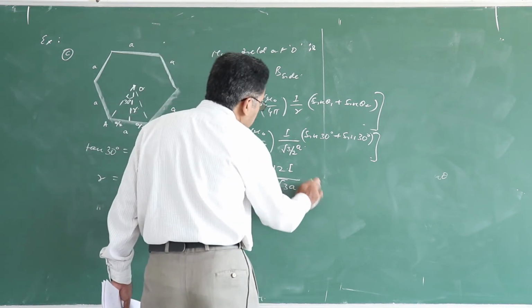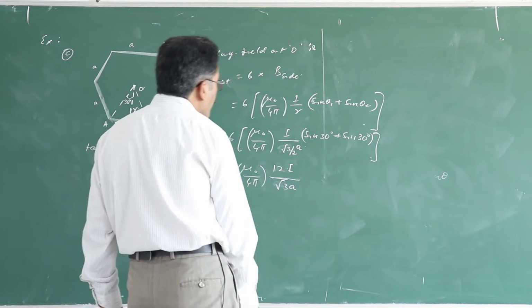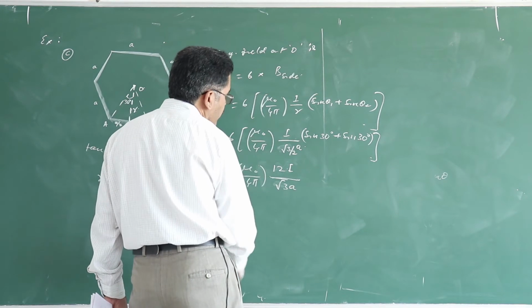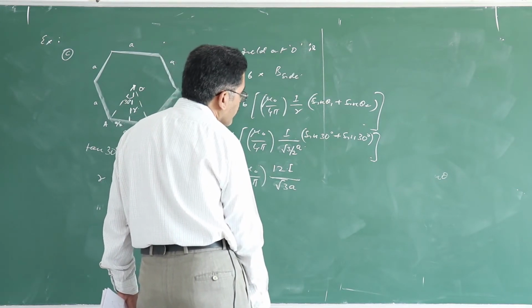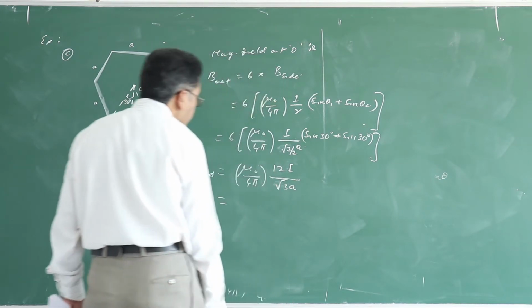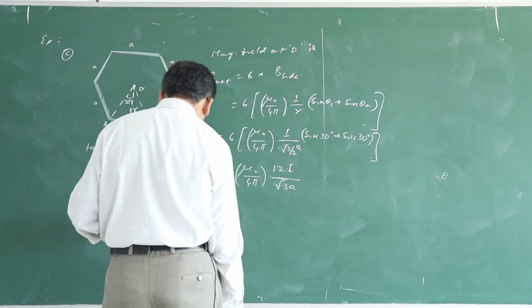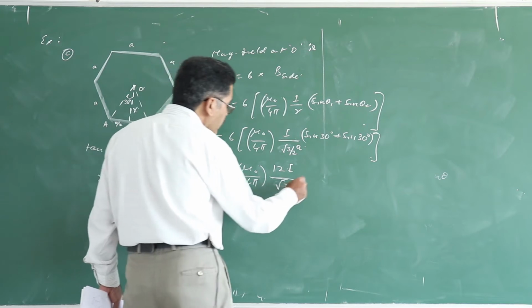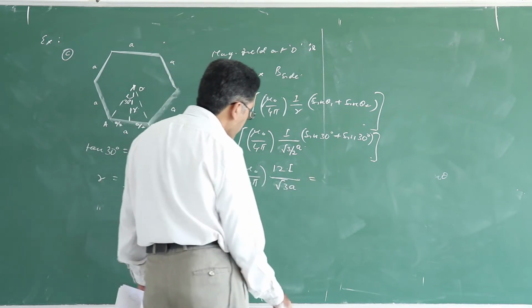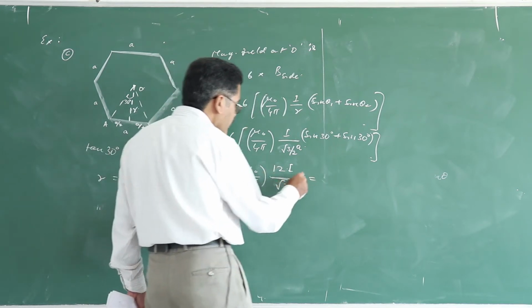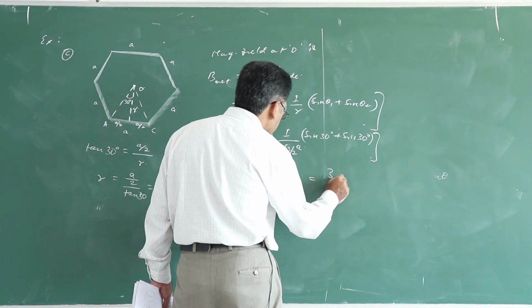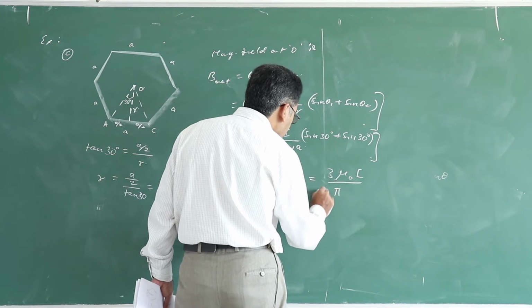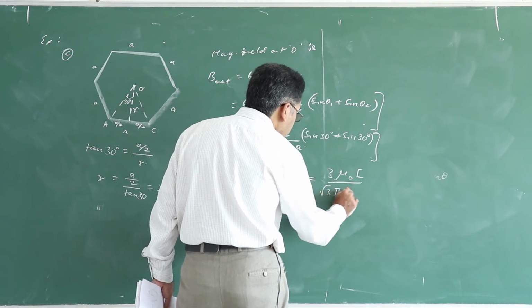Now you please simplify this. Root 3 by 2, 6 into 12, again, right. So when you divide this and simplify, you will be getting 3 times 3 into mu naught I divided by pi into root 3 into pi a.